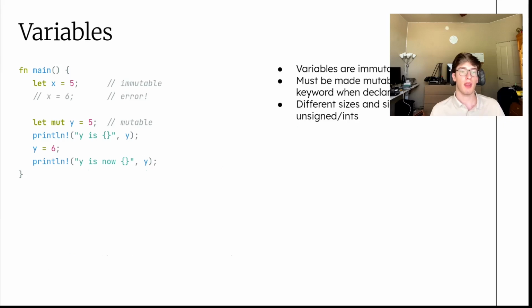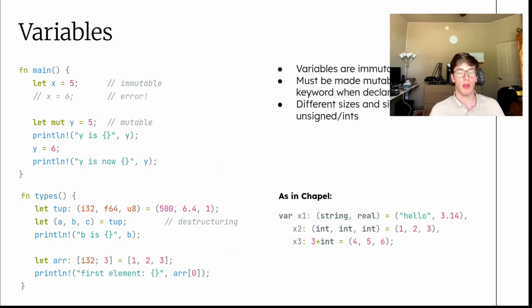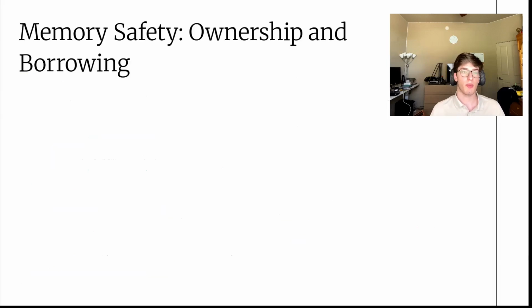And there's also different sizes, which are specified, as you can see here, like i32, u8, f64, and so on. So that's the primary type, like a char would be a u8, so on and so forth. Pretty intuitive. There's also tuples, as you can see here, and here's a comparison to the tuple syntax in Chapel.